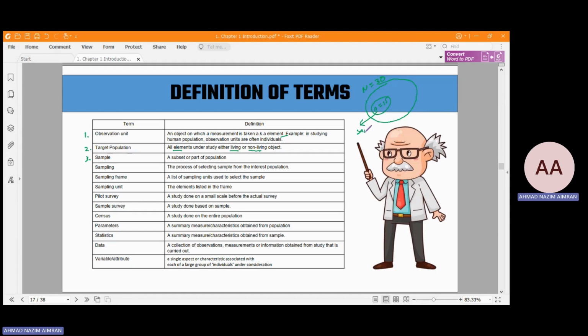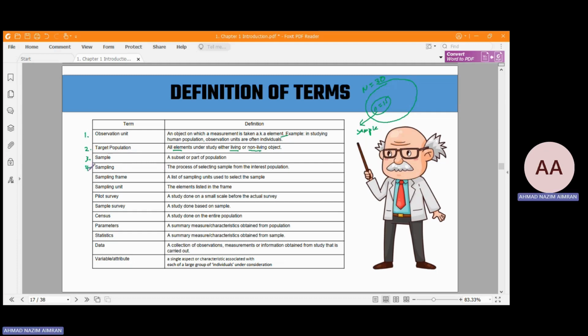This is the sample. It is called a sample because it is part of the population. We do not use every observation unit in the population. So whenever we use, for example, 15 out of 30 students in this class, those 15 selected students are a sample.